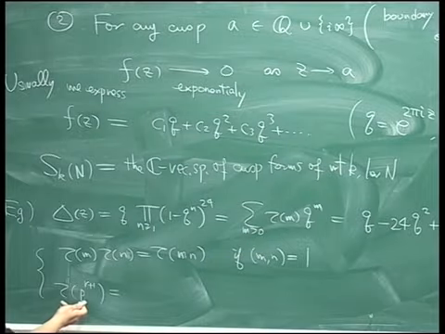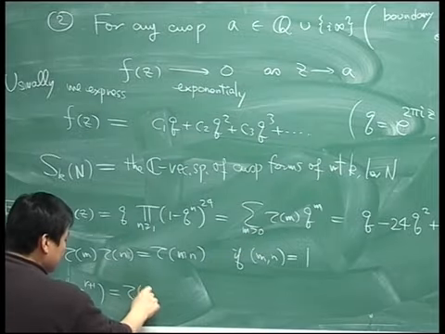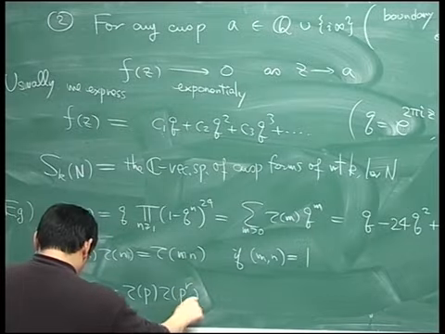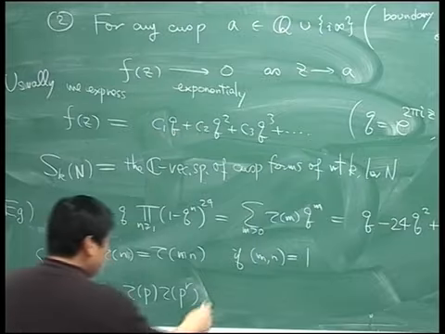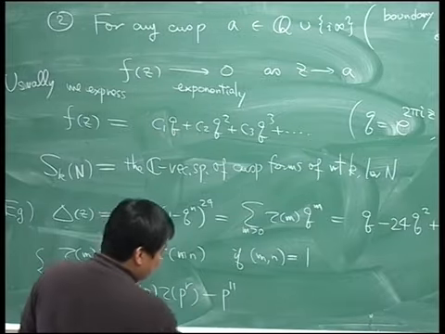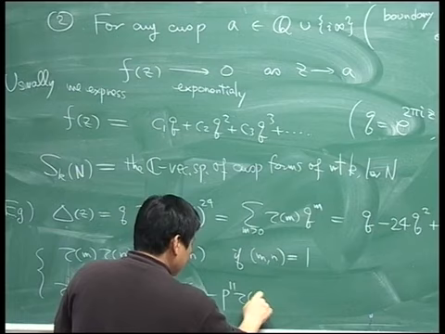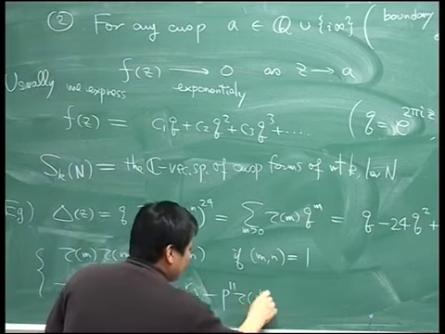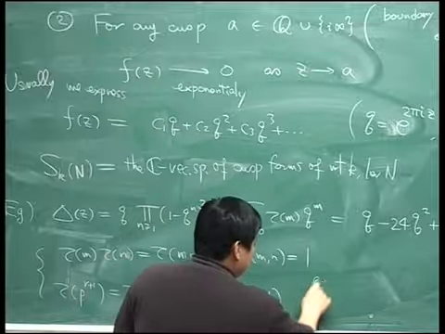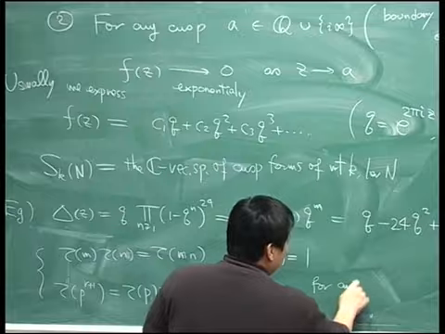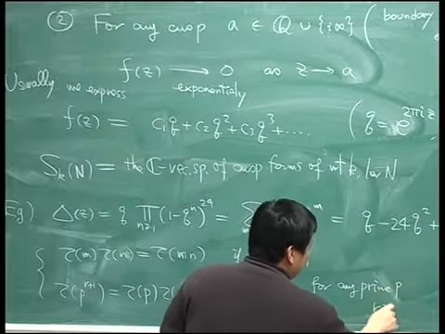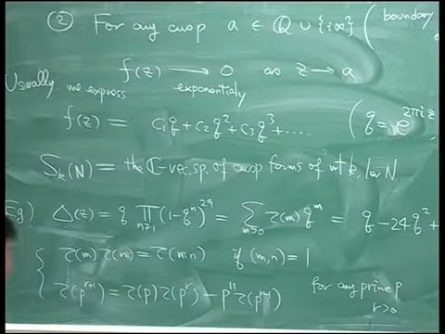The coefficient of p^(r+1) for p prime is written by tau(p) times tau(p^r) minus p^11 times tau(p^(r-1)), for any prime p and for any positive number r.